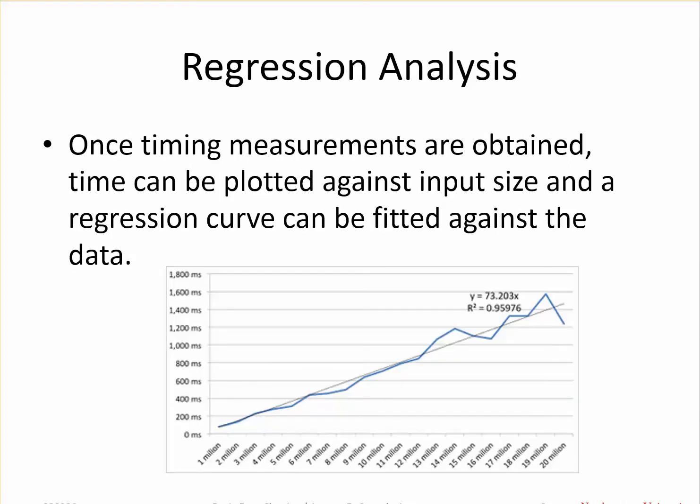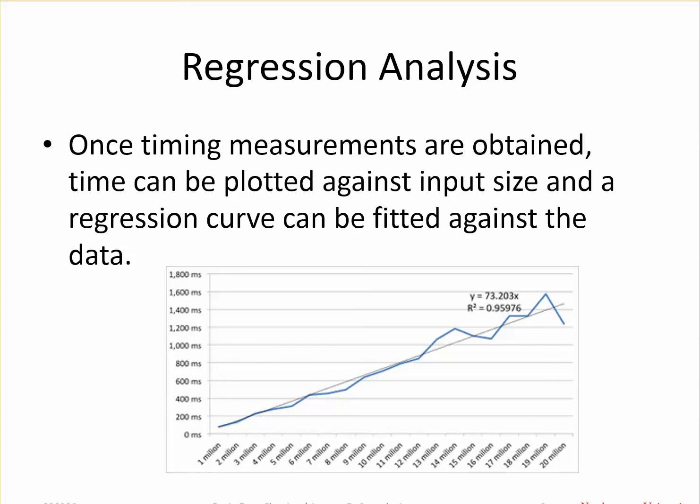Once you've done numerous measurements for different input sizes, you could fit some kind of regression curve through this. So here's an example. You build an algorithm and then try it out for 1 million, 2 million, 5 million, 10 million, and 20 million input elements, and then you observe with system.time the amount of time it takes to run.